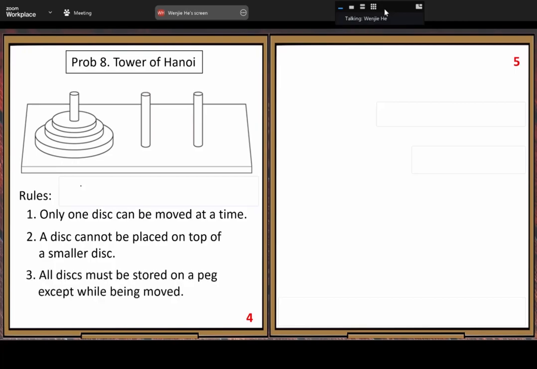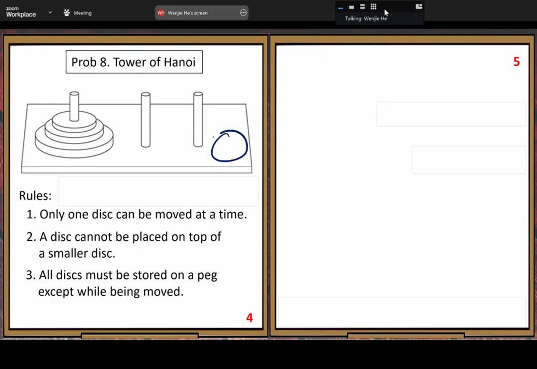Rule number 3, all disks must be stored on a peg except while being moved. What's the meaning of that? When you make the move, you cannot place a disk on the table. That's illegal. You cannot place any disk on the table, even temporarily, because if you could, the puzzle would be too easy to solve.